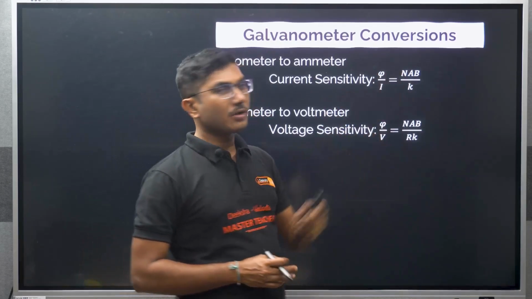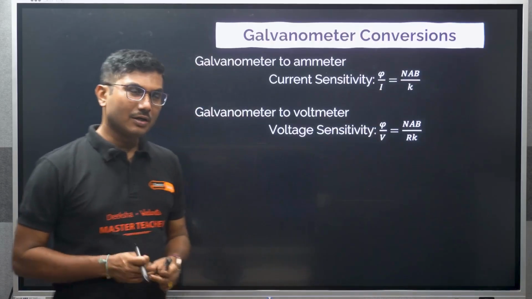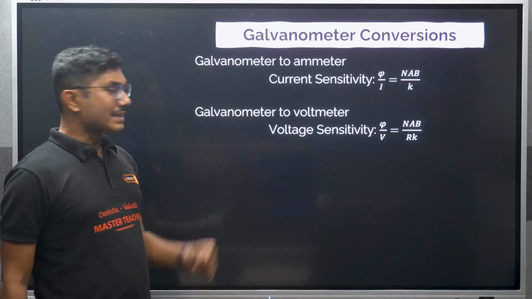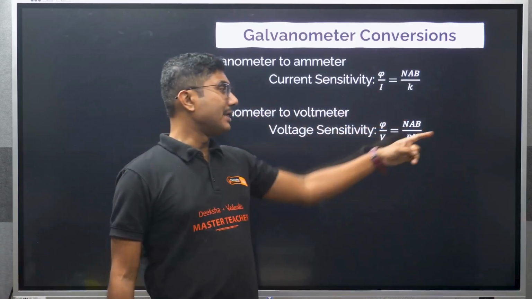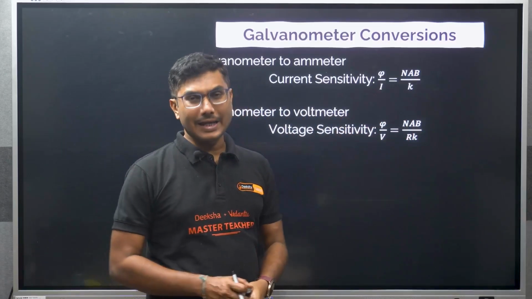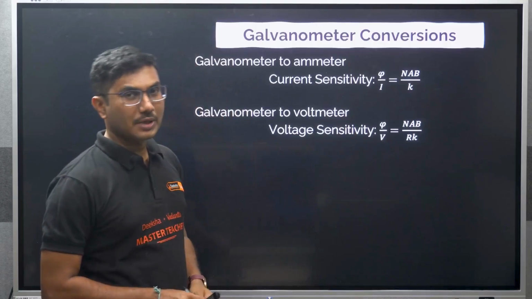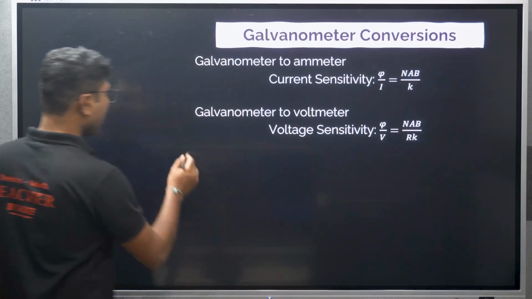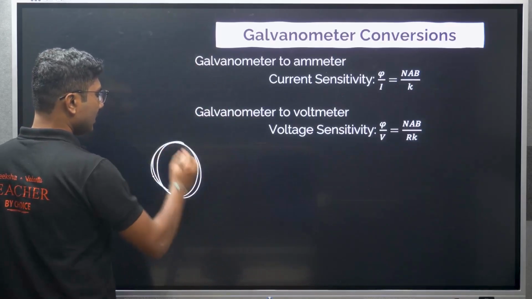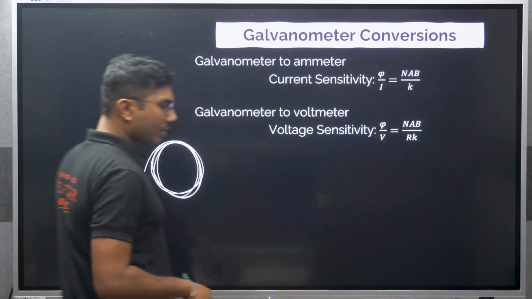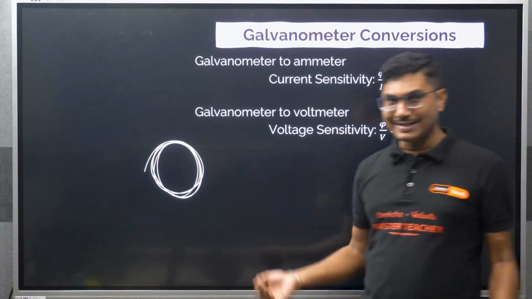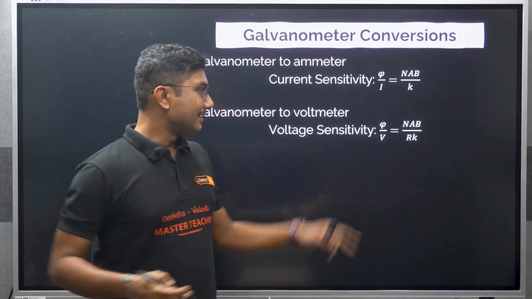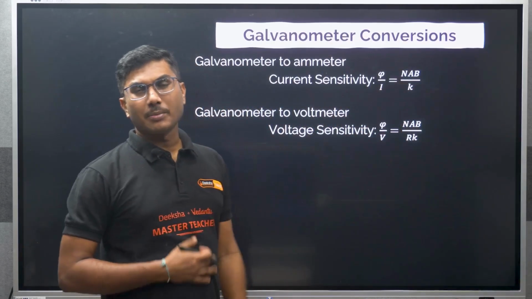If you increase the number of turns N, current sensitivity also increases. Now voltage sensitivity of a voltmeter is given by NAB divided by RK. R is the resistance of the coil. Now if you increase the number of turns, what is happening? More number of turns means a longer wire, so the total length of the wire increases. So the resistance is directly proportional to the number of turns.